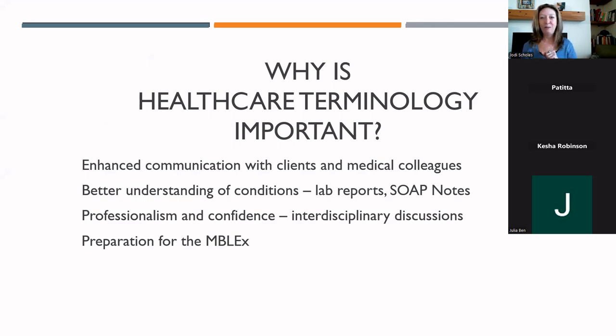And you're going to understand a bunch of different conditions after we go through today. And additionally, there's a better understanding of the conditions with, like, if your client brings you a lab report, if you're looking at someone else's soap notes, maybe you work with a group of therapists and different people do soap notes. Better understanding of those soap notes.